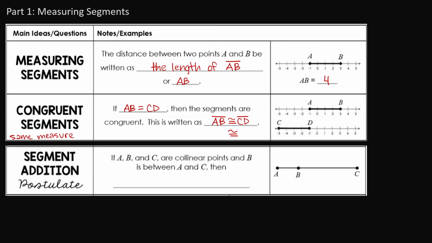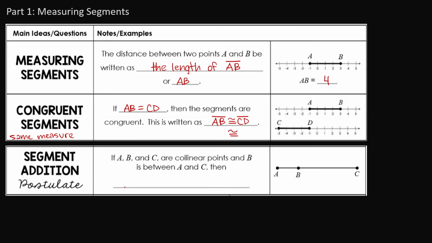All right. Moving on to the segment addition postulate. You'll notice off to the right here, we have line segment AC, which is a combination of AB and BC. If A, B, and C are collinear points, meaning they're on the same line, and B is between A and C, then the following is true.